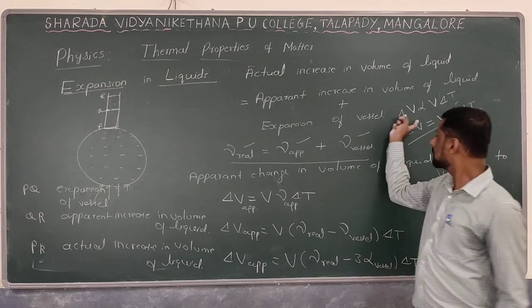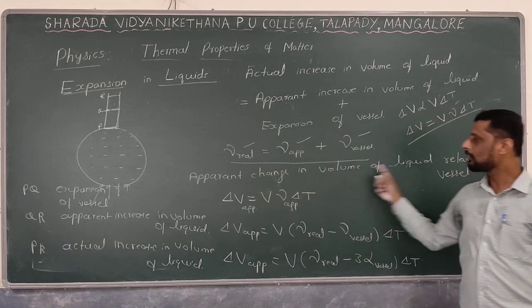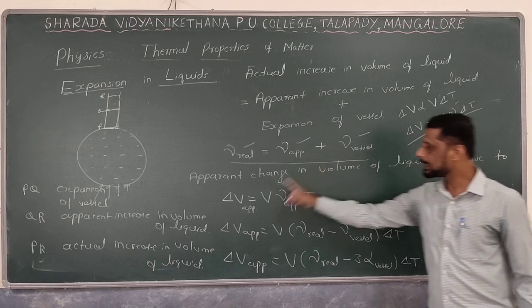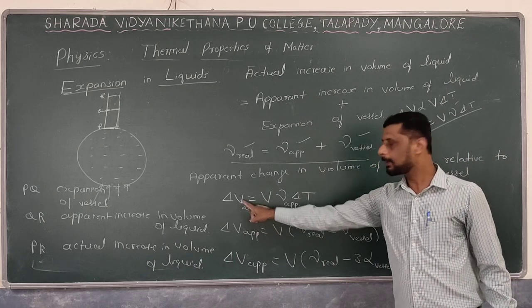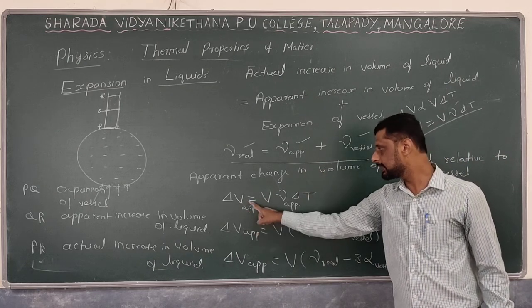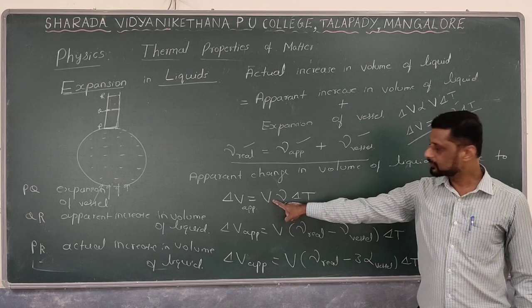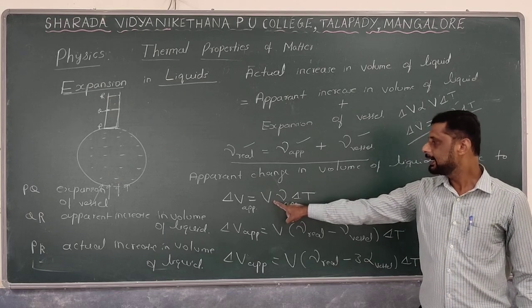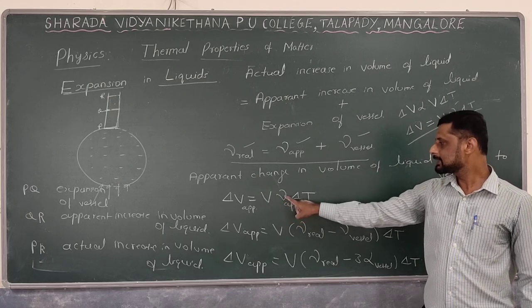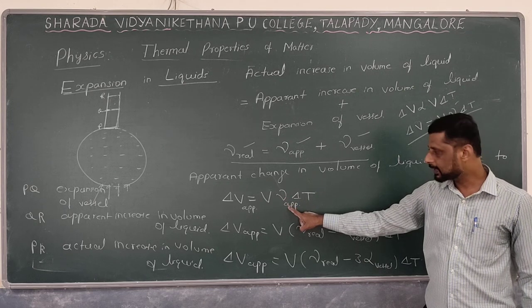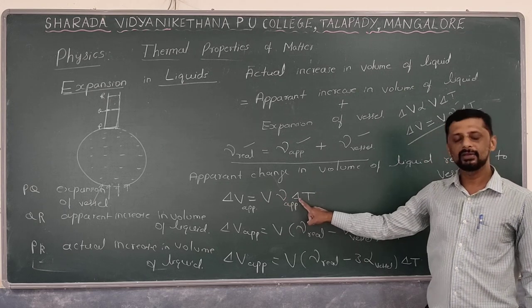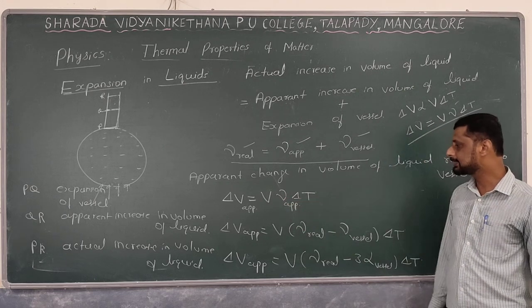Based on this, the apparent change in volume of the liquid with respect to the vessel can be written as delta V apparent, which is equal to the original volume of the liquid at normal temperature, into gamma, the coefficient of apparent expansion, into delta T, where delta T represents the change in temperature.